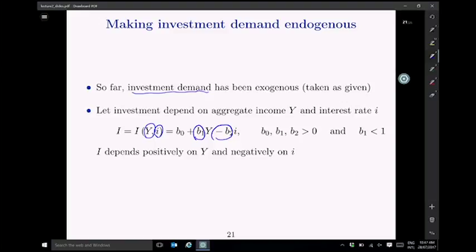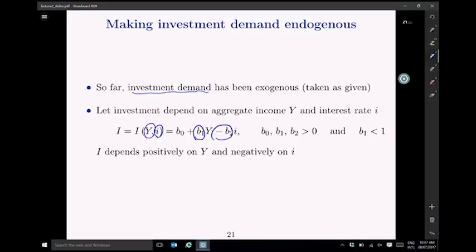Interest rate represents cost of funds. When the interest rate is high, it's very costly for you to raise funds to make investment. You'd better reduce your investment. But when interest rate is low, this is really cheap for you to make investment, so you increase your investment demand. Generally, investment depends positively on income and negatively on interest rate.